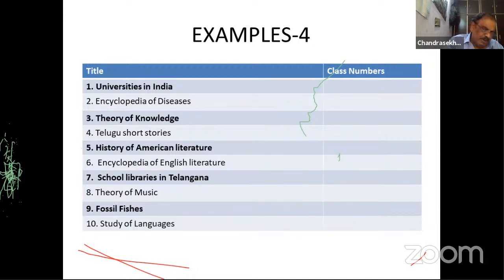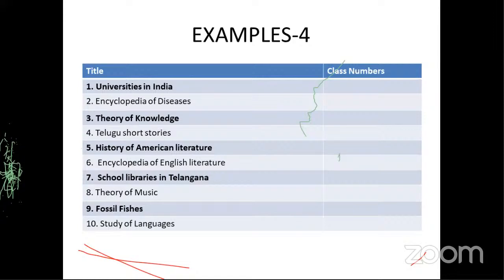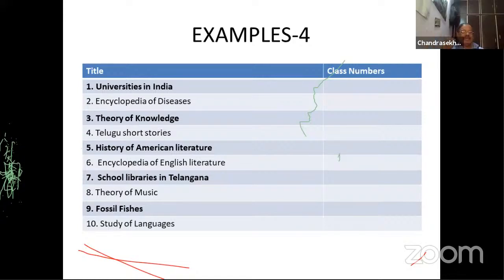That means 78 is the base number, 01 is theory. The exact number should be 780.1 as per the rule. That is the correct number. Generally you think 780.01 is the correct number. So 780 is music, 01 is the standard subdivision for theory from Table 1.